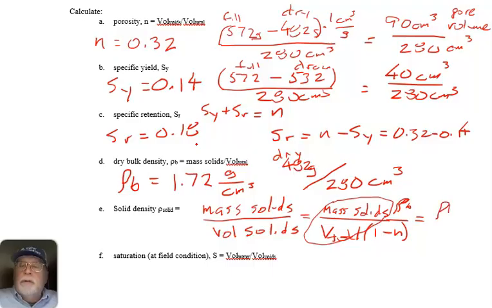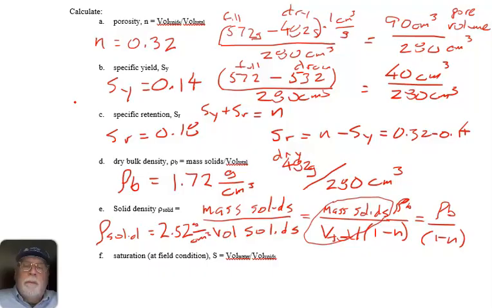So this is the bulk density divided by 1 minus the porosity. And that turns out to be, like I suspected, 2.52. And it does have units, grams per cubic centimeter.